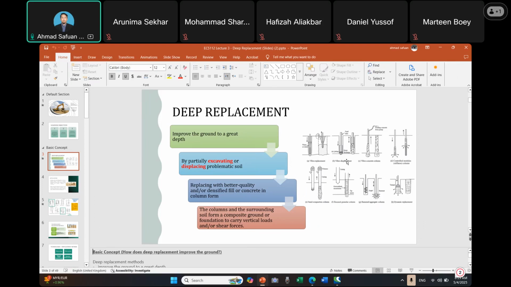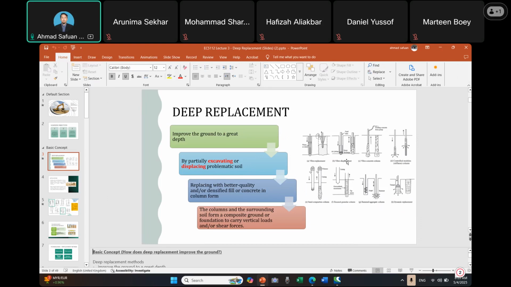So there are controlled modulus stiffness columns, sand compaction columns, granular columns, rammed aggregate columns, and dynamic replacement methods. There are several common methods used to treat the weak area.